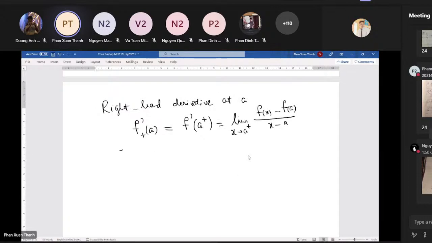So we have another definition here: the right hand limit of f prime. It means the limit of the derivative function as x approaches a from the right. You should be careful, this is a right hand limit of the derivative.